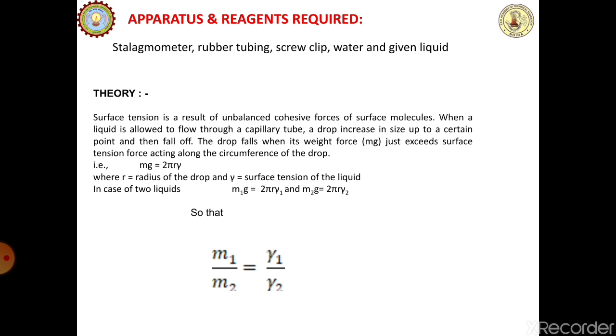The net effect is an inward force at its surface that causes the liquid to behave as if its surface were covered with a stretched elastic membrane. Thus, the surface comes under tension from the imbalanced forces, which is probably where the term surface tension came from.